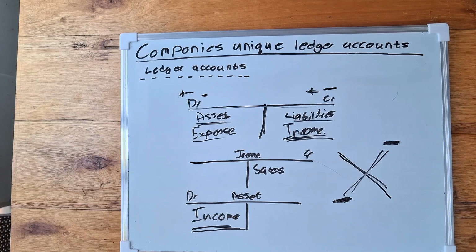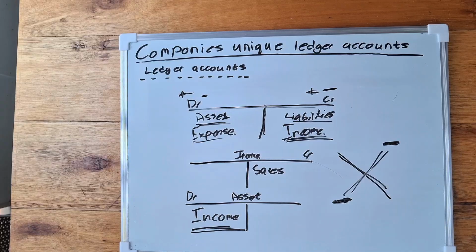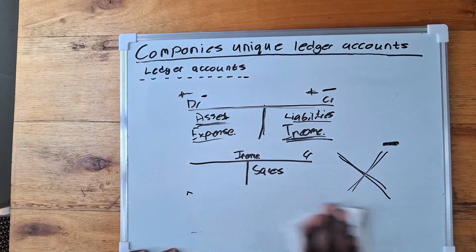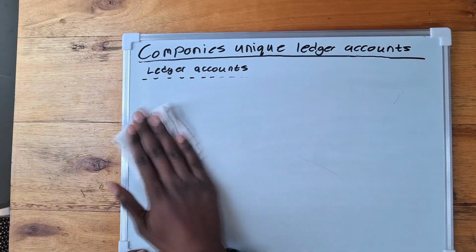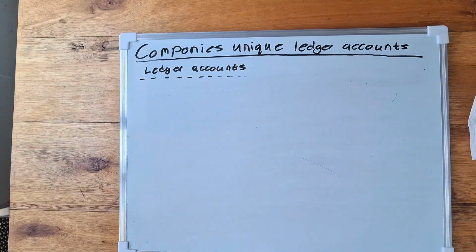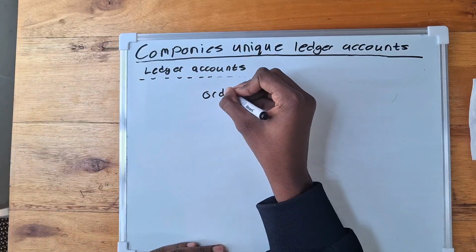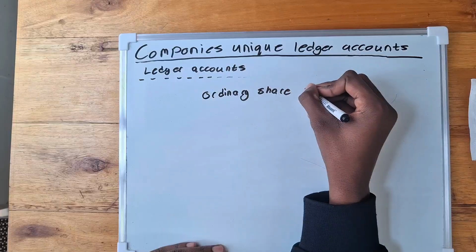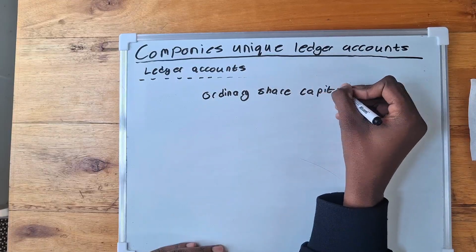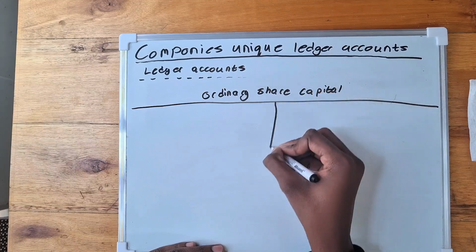So now let us jump into the actual ledger accounts that are related to companies for grade 12 accounting, right? So for the first one, we have the ordinary share capital, right? So obviously we know that it is a T like this.